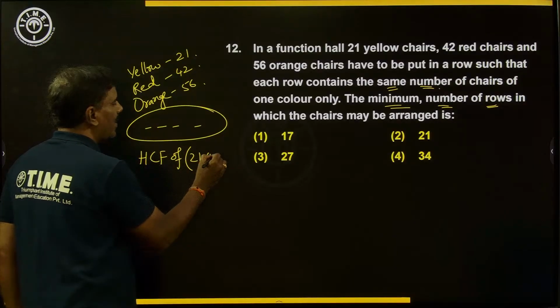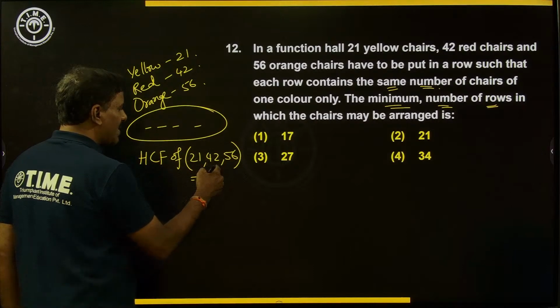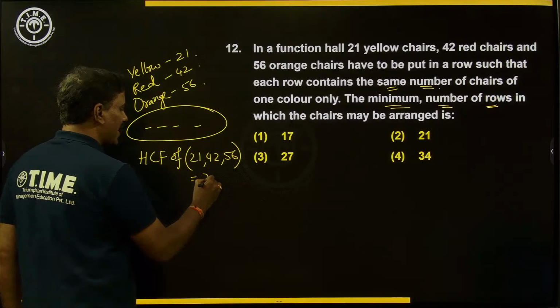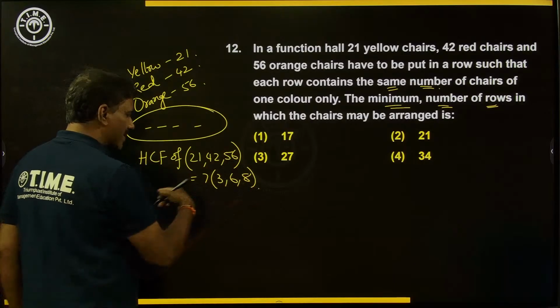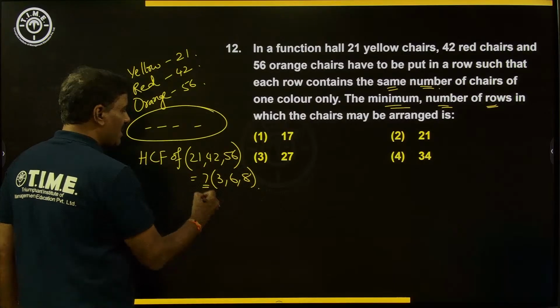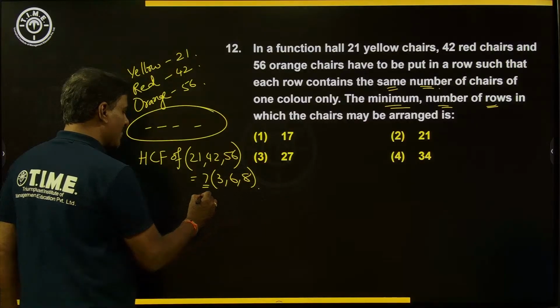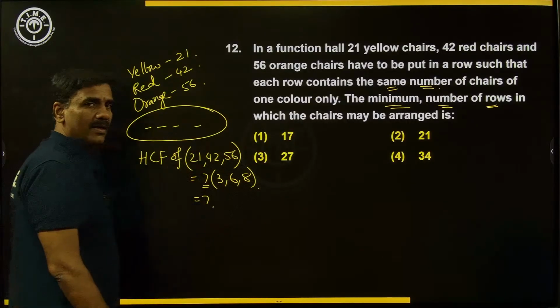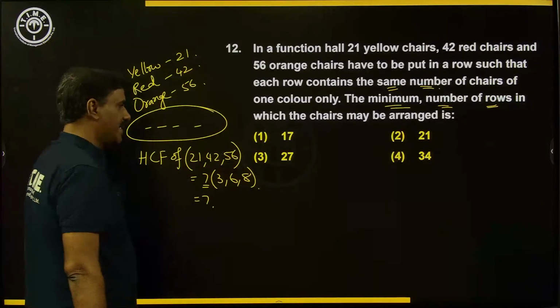21, 42, 56. Clearly, 7 3s, 7 6s, 7 8s. If you take 7 common, 3, 6, 8 are left out. So 3, 6, 8 do not have any number which commonly divides all three. So the HCF will be 7, right? So for each row we have to arrange 7 chairs.